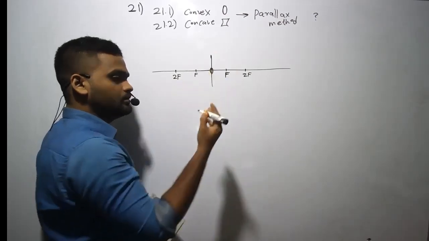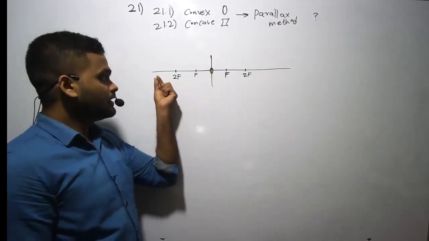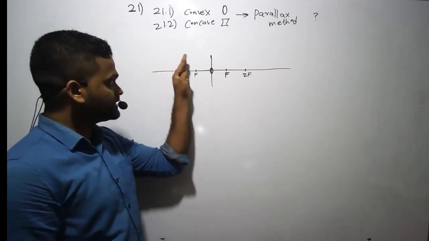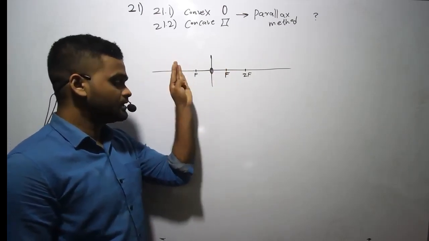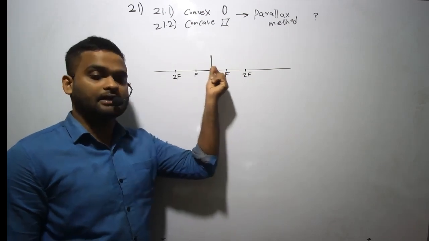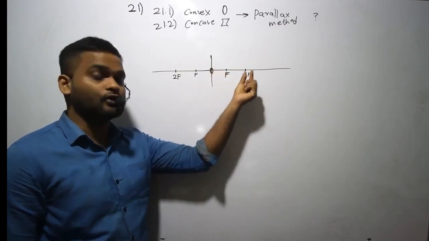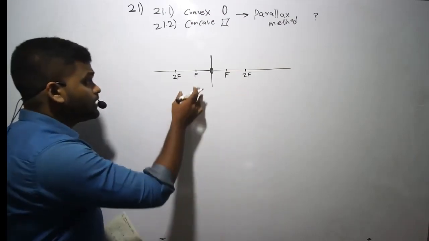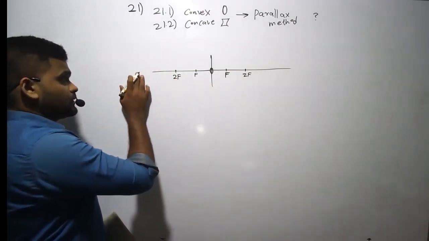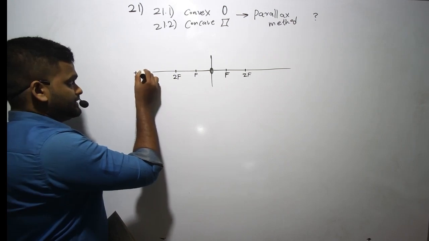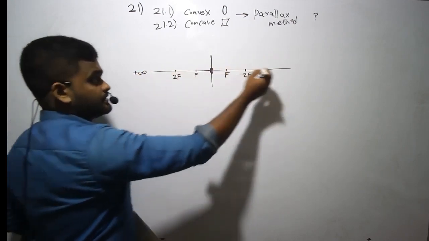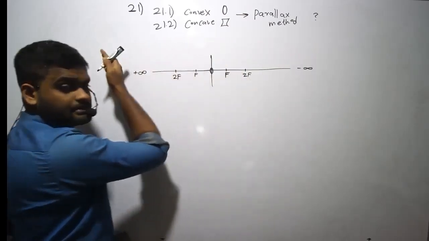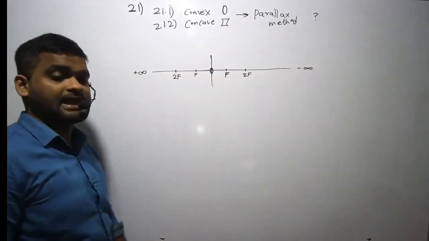You need to have a rough idea of the location of the images when you are placing the object at each region. So to this side we can say that this is positive infinity, this is negative infinity. The values to this side negative, to this side positive, according to the sign convention.